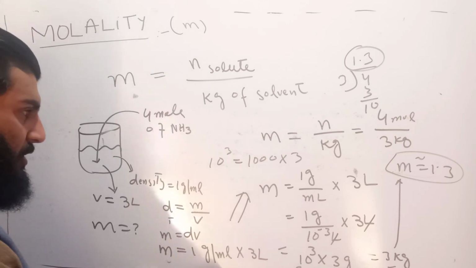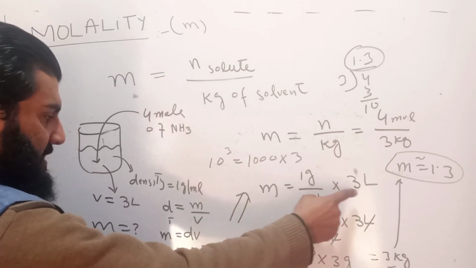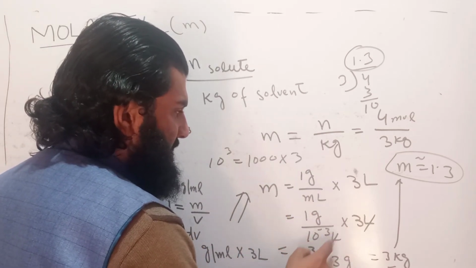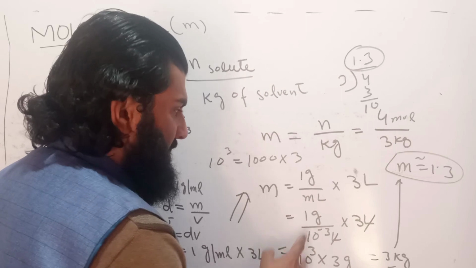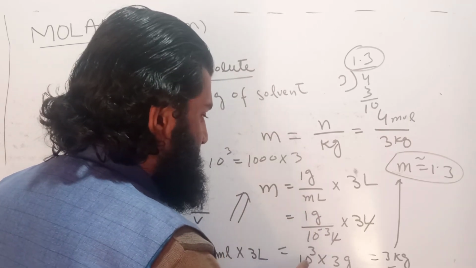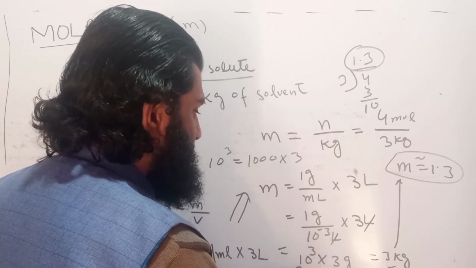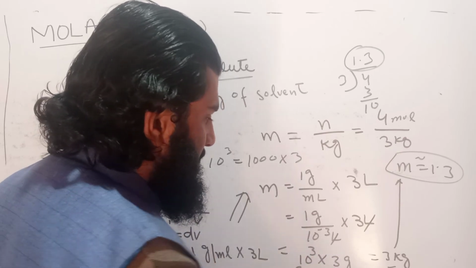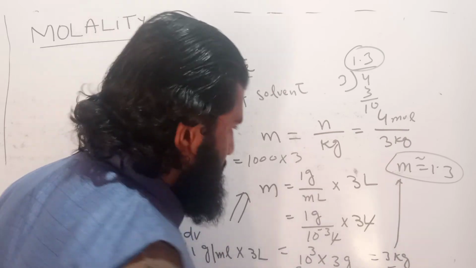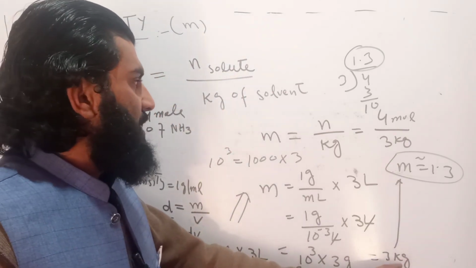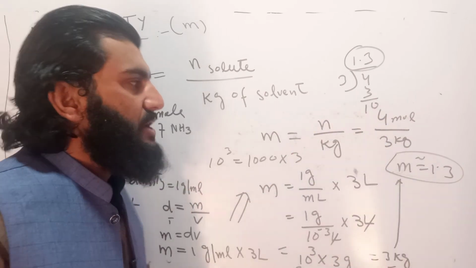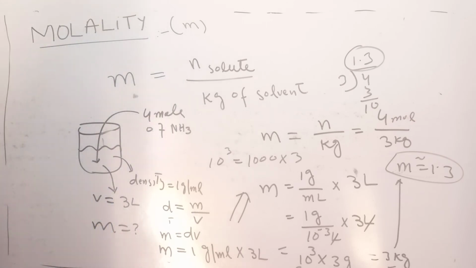Liter and liter cancel each other, and 3000 grams is actually equal to 3 kilograms. Now we divide the moles by kilograms and the answer is 1.3 molal.